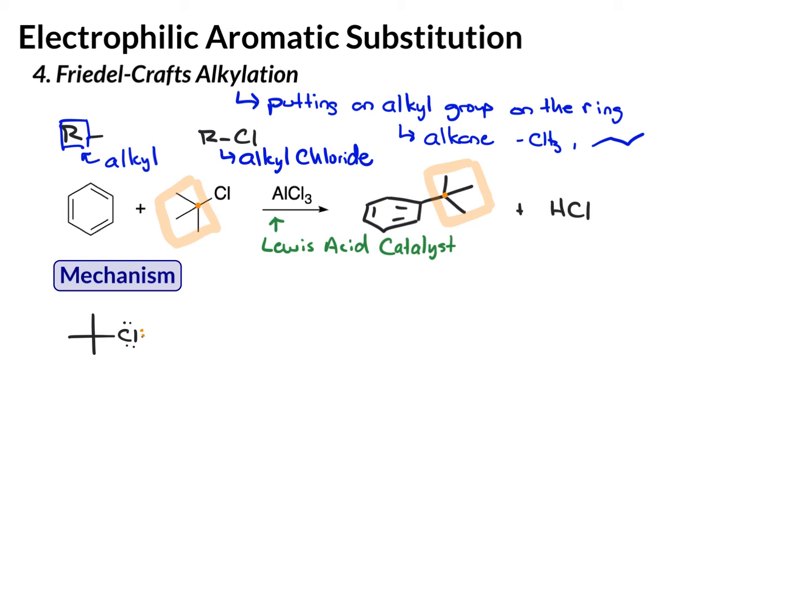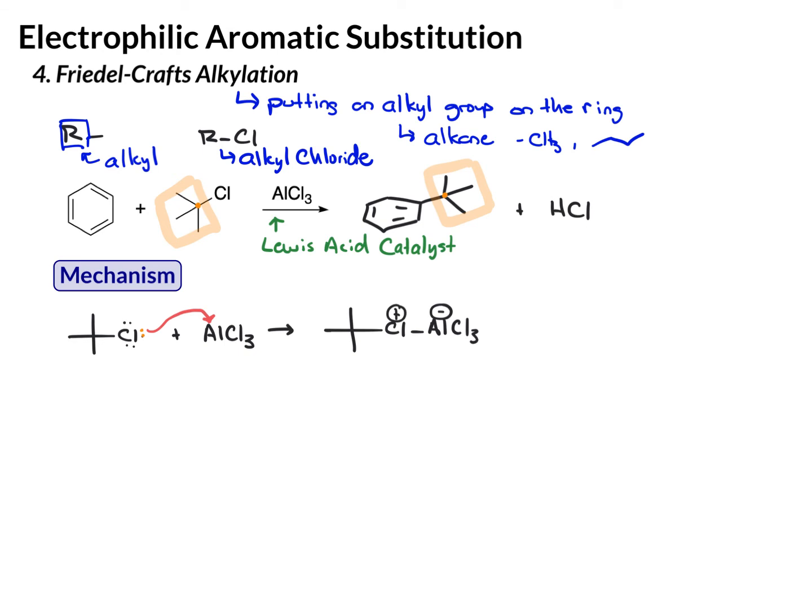And we're going to react this with the Lewis acid aluminum trichloride. So the aluminum wants those electrons, so we'll use a pair of electrons on the chlorine to form a bond. So now we formed that bond. The aluminum has a negative charge, the chlorine a positive charge.